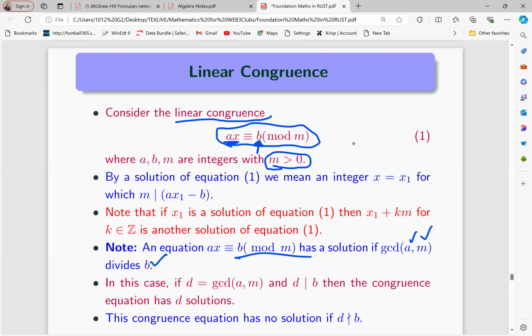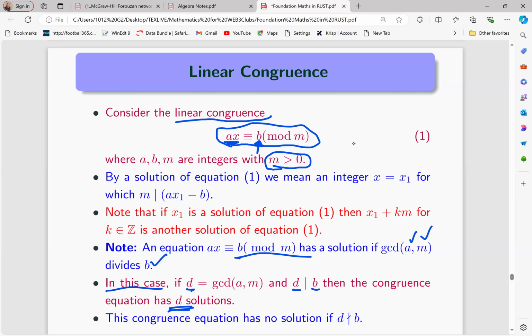In this case, if D is the GCD, and if D divides B, then this linear congruence has D solutions. In other words, the number of solutions will be equal to the GCD.